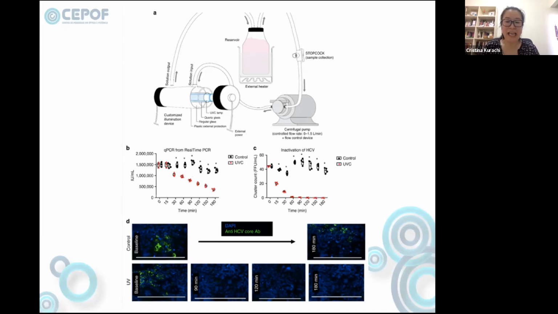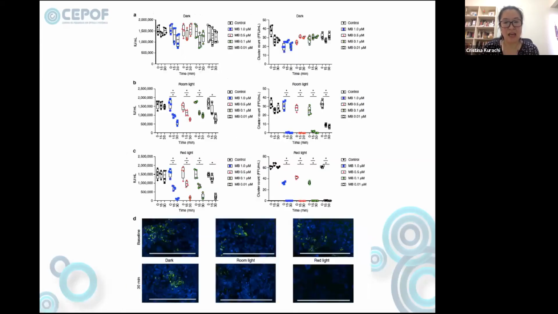As you can see here in the cell culture, even though the PCR detected some RNA of the virus, the resulting particles are not infecting any of the cells. So even though we do have some viral load here, they could not infect the hepatocyte cells.